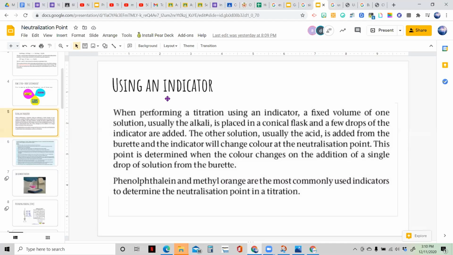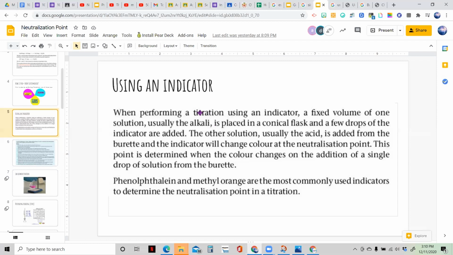So when performing this, how is it that you use the indicator? We use a method called titration. We started looking at titration, ladies, where you had the use of a pipette and a burette to find a certain volume of either your acid or base that will neutralize a given amount of, so let's say you had 25 cm cube of sodium hydroxide.